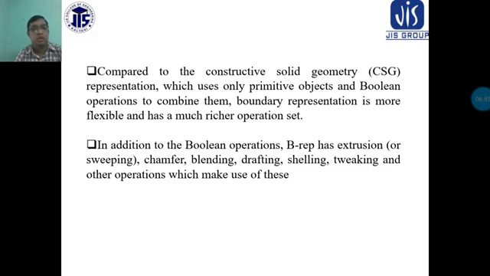Another thing is blending, where you have to blend surfaces, and drafting. Each of these conditions we have to consider in the B-representation of the Boolean operations. Drafting will be done, and also shelling, which means you have to shell these solid objects.